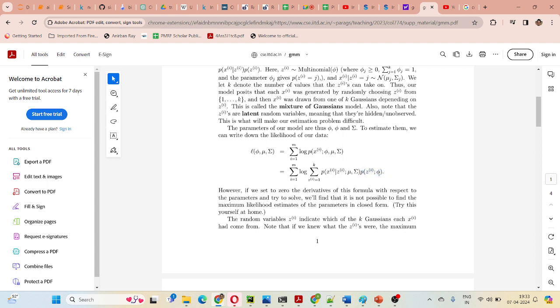This is what we call the latent variable. As you can see, the random variable zi indicates which of the k Gaussians each xi had come from, and with what probability or weight, as I said.